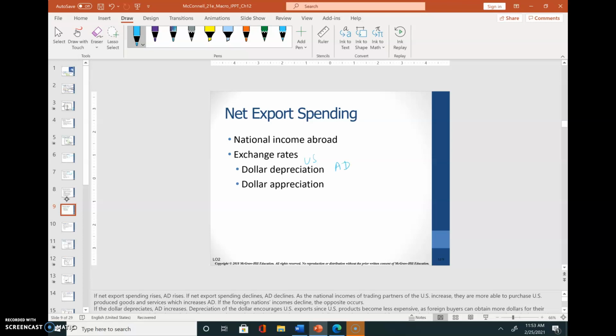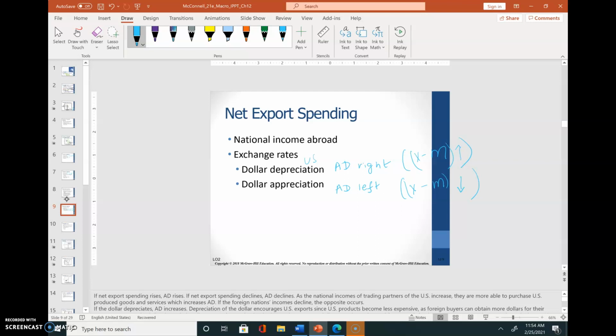In this situation, aggregate demand will shift to the right. And if the US dollar appreciates, that means US goods are more expensive compared to the rest of the world. Here aggregate demand will shift to the left, just to let you know. So when the US dollar depreciates, this part X minus M increases, and when the US dollar appreciates, X minus M decreases.